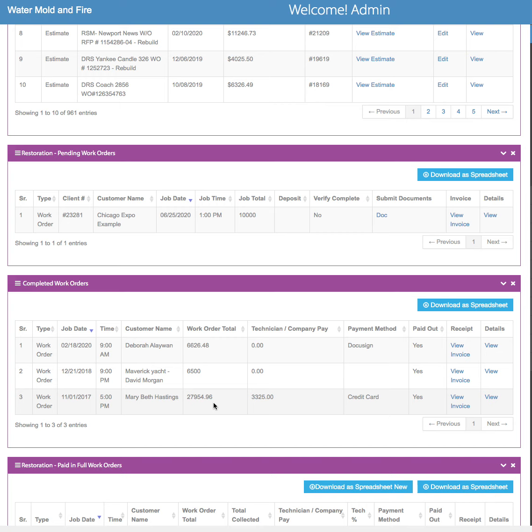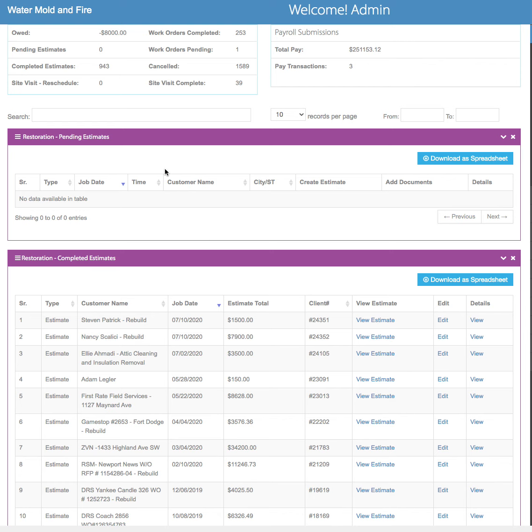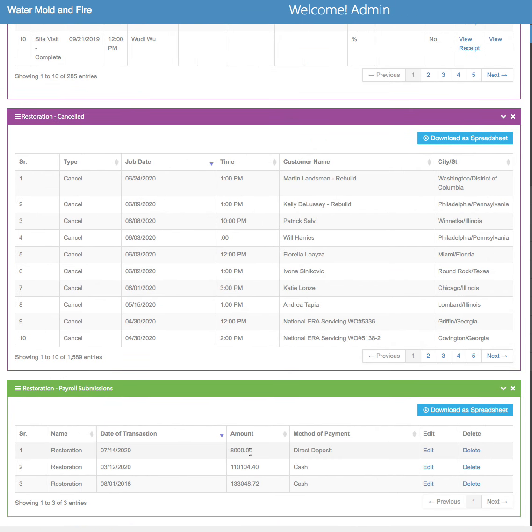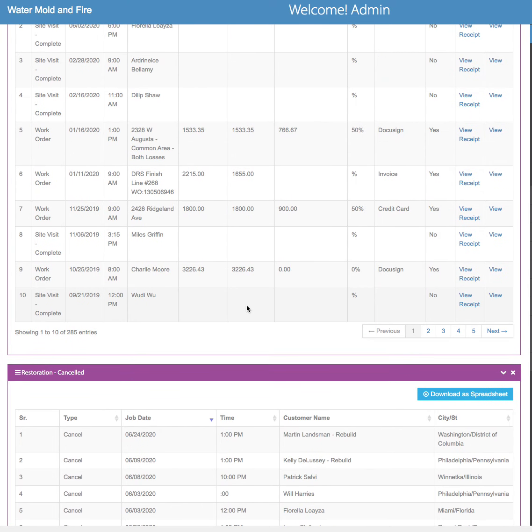It's just an advance of $8,000 to keep things moving. The reason we gave that is because we know that eventually we are going to have to pay $8,000 for Mary Beth Hastings. But this specific payroll submission of $8,000 should not be looked at as being for Mary Beth Hastings. This is just an advance of $8,000.